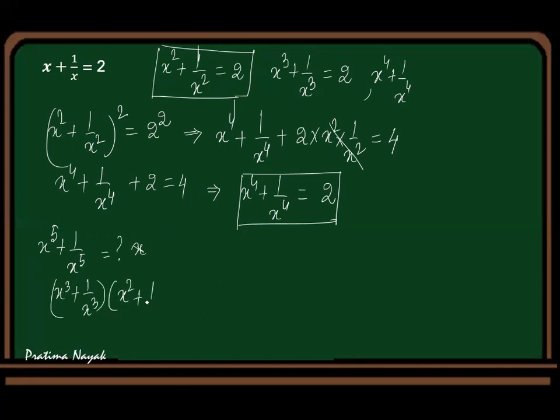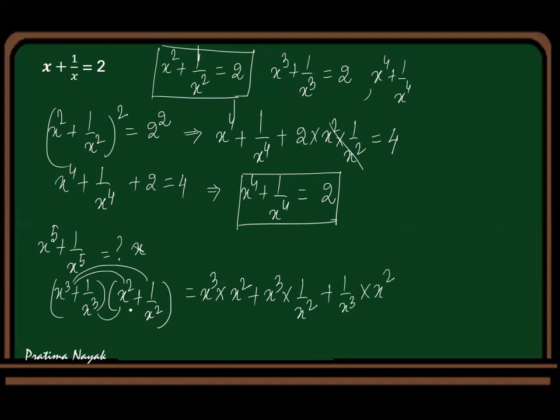See the magic, how much it will be. If we multiply, first you are getting x cube multiplied by x square, then x cube multiplied by 1 by x square, then 1 by x cube into x square, then 1 by x cube into 1 by x square. It will simplify.